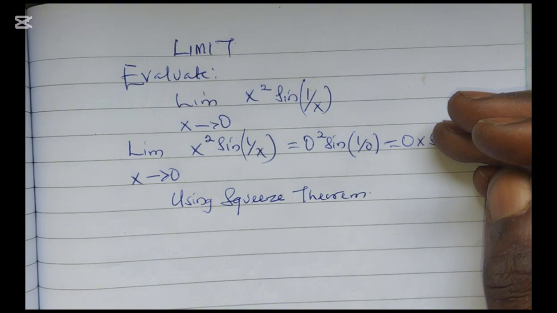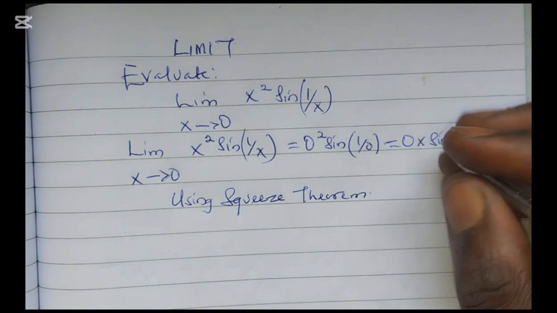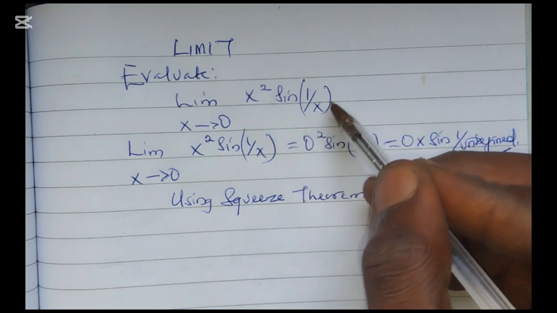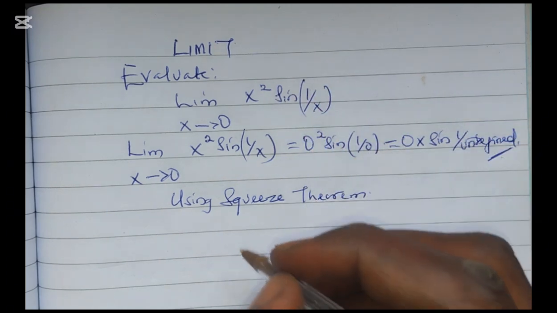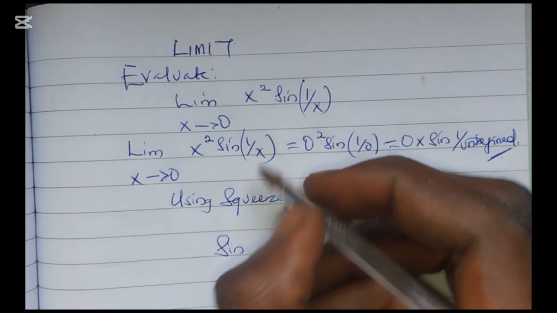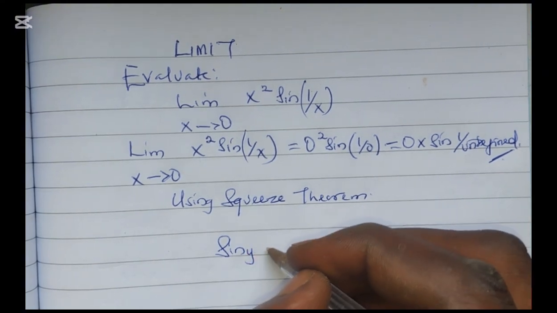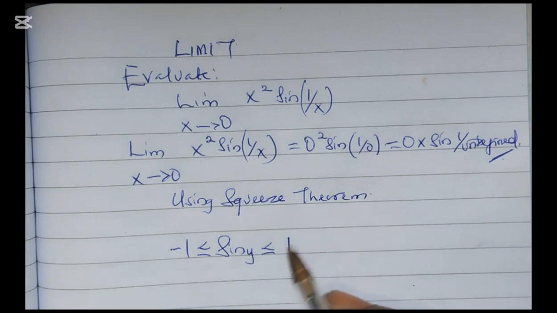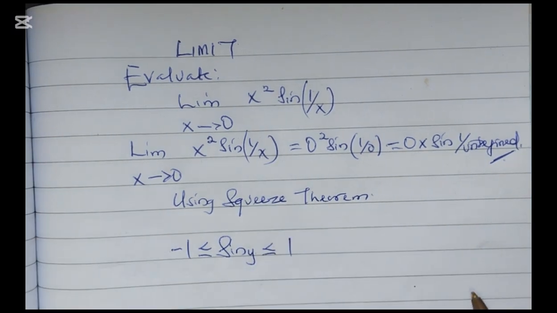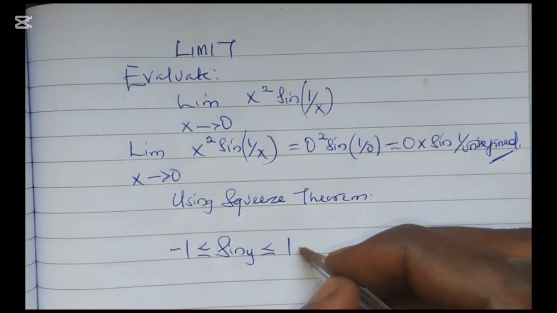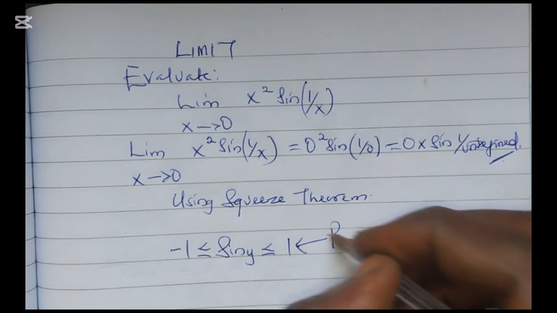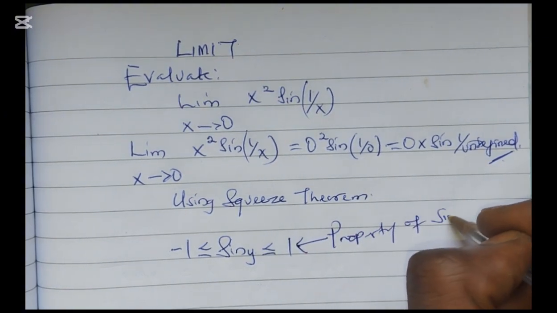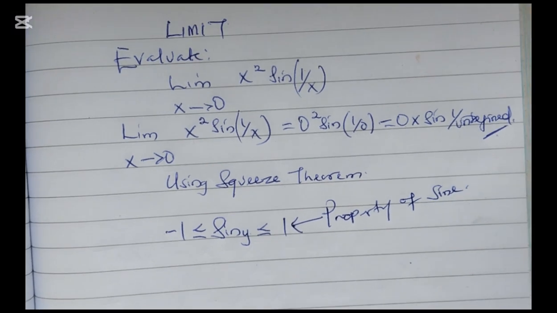Now, what does this mean? It means that one of the properties of sine is that sine y lies between 1 and -1 for any value of y. We know this for sure, and it is one of the properties of sine.